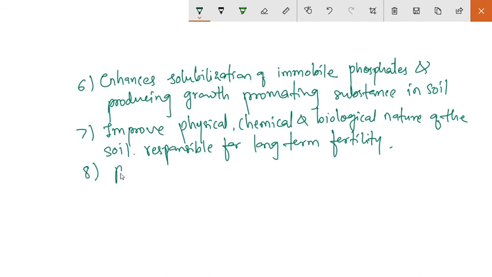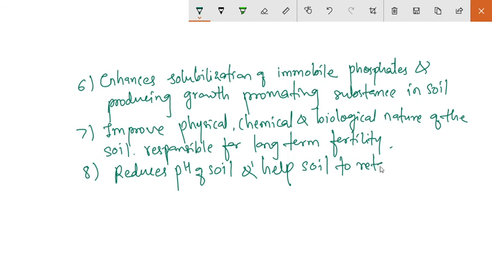Okay, it reduces pH of soil. Okay, and it helps soil to retain exchangeable calcium.